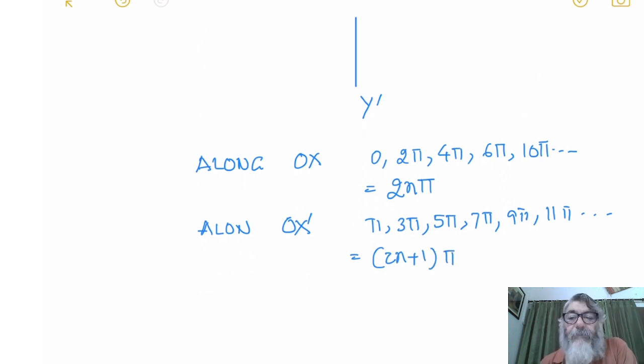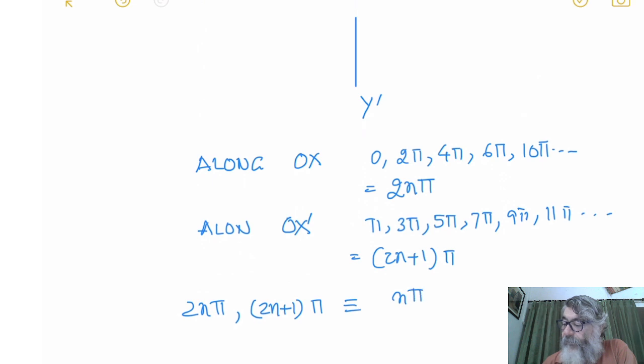Both of them combined can be written as n pi, where n belongs to the set of integers.